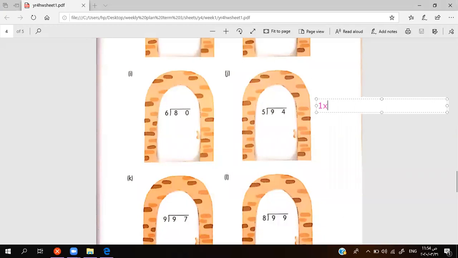So to help you, 1 times 5 equals 5, and 2 times 5 equals 10, 3 times 5, 15, 4 times 5, 20, 5 times 5, 25, 6 times 5, 30.